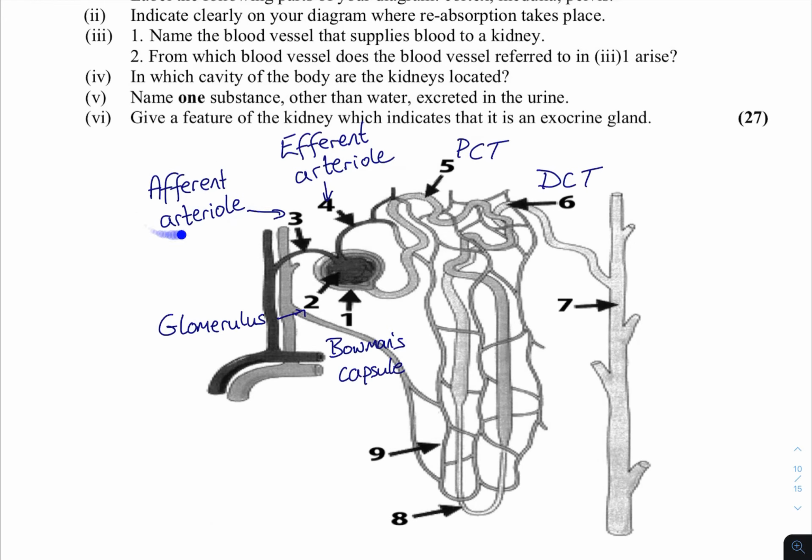The afferent arteriole is what's arriving, A for arrival, into the glomerulus. So this is your unfiltered blood. And the efferent arteriole, E for excess, is leaving the glomerulus. So that's carrying red blood cells, proteins, and white blood cells, which are all too big to be filtered into the glomerulus. So that's the efferent arteriole there, guys.